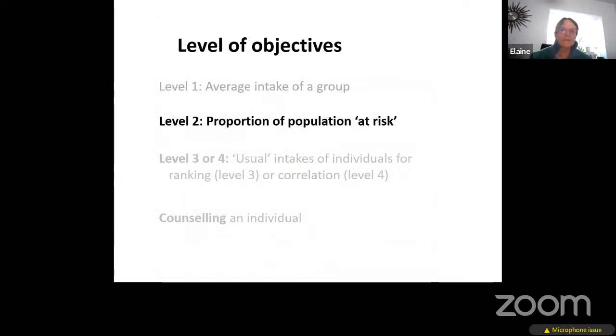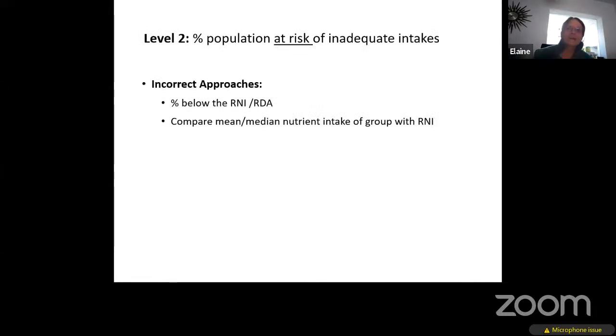How about if the objective of your survey is to estimate the proportion of the population at risk of inadequate intakes? First of all, I want to alert you to an incorrect approach. One of the incorrect approaches, which you will sometimes see in the literature, is to look at the percentage below the recommended nutrient intakes or the recommended dietary intakes.